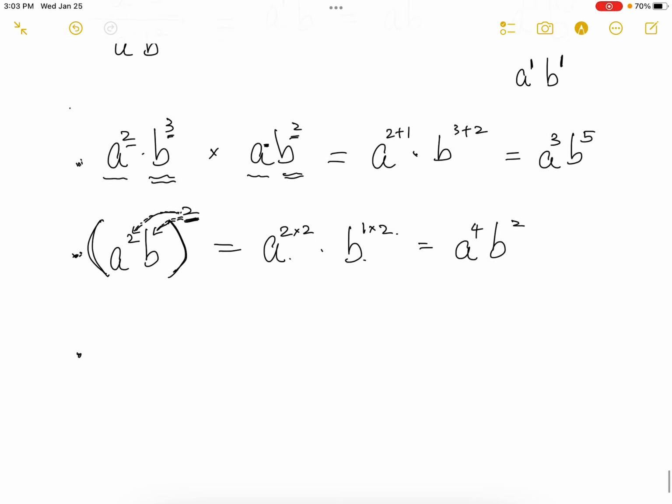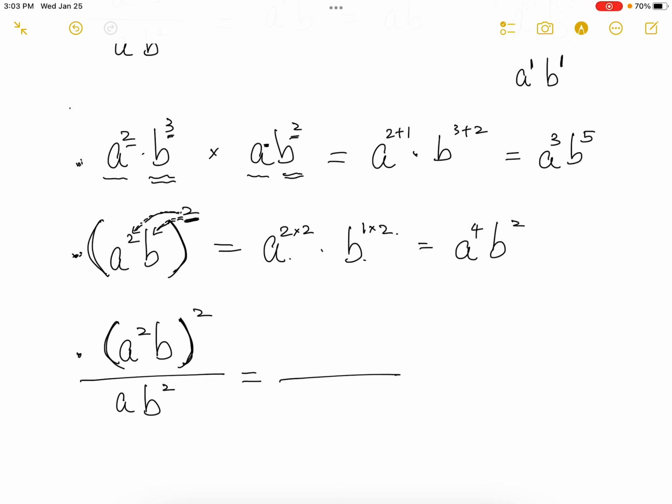And the next thing, if we combine a little bit here, we'll have a squared b to the power of 2 divided by ab squared. So here, the rule is we do the bracket first, okay?